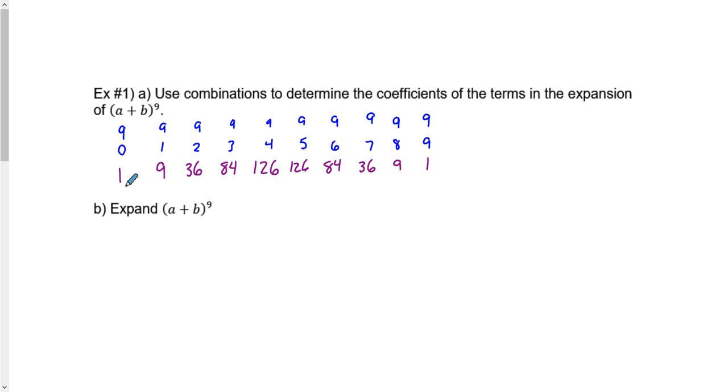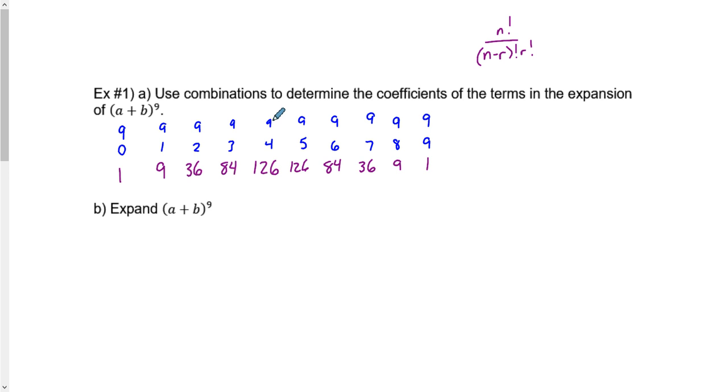There is a reason why all of this repeats itself. It always goes to your middle and then it goes back down. It plays into effect with the nCr formula: n factorial over n subtract r factorial, r factorial.